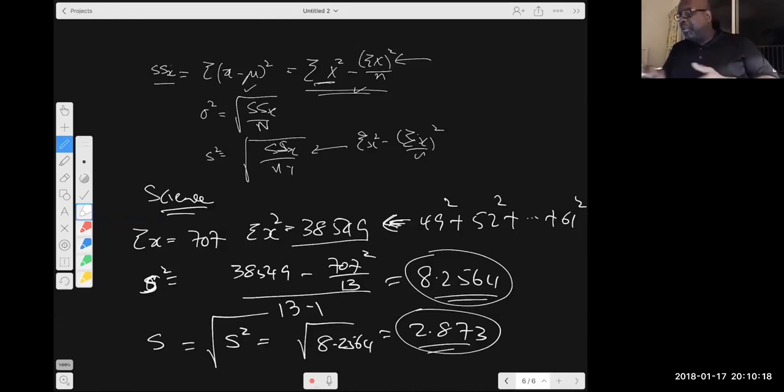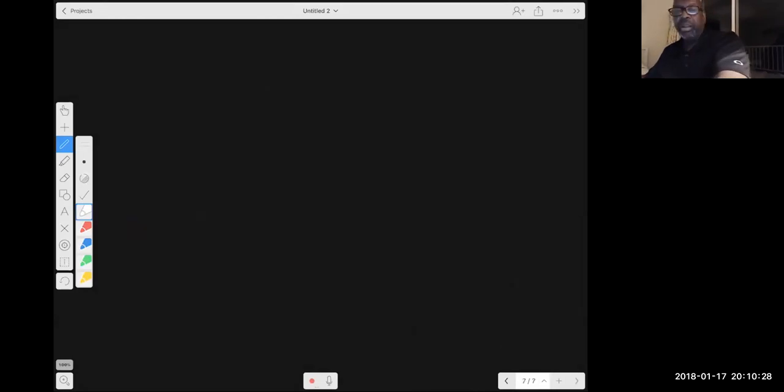There is another important measure, which is called the coefficient of variation. Now, the coefficient of variation is a relative measure. It is a measure that allows us to express the standard deviation as a fraction of the mean. All right? As a fraction of the mean. So let's take a look.